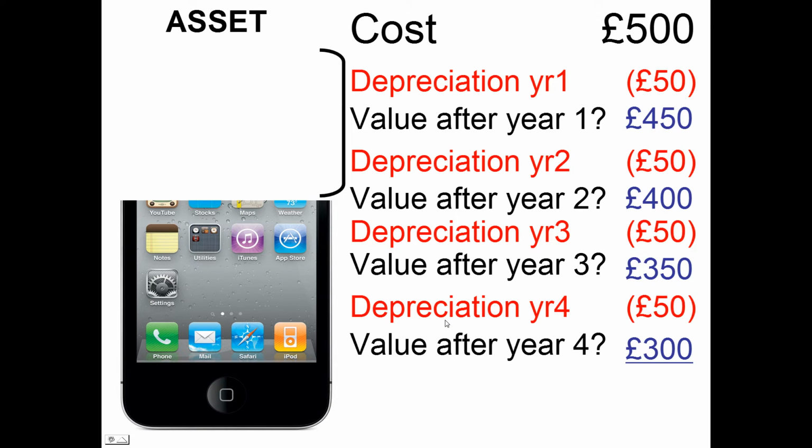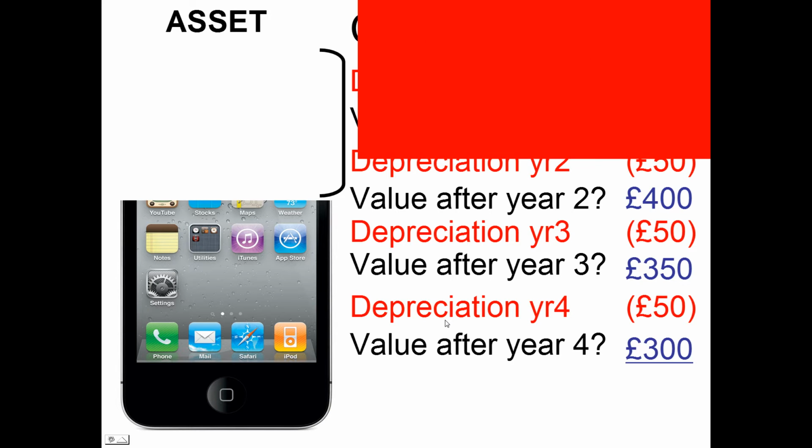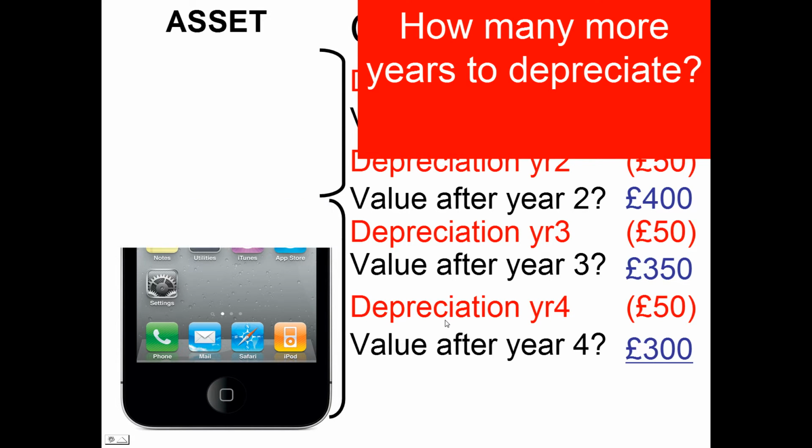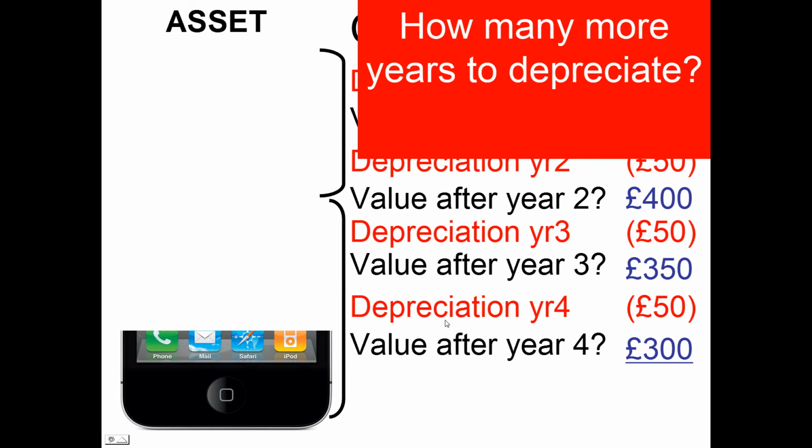What's left? I could continue, so let's suppose and think about how many more years it would take to depreciate. Count them up as we go through. There's 1, there's 2, there's 3, there's 4, there's 5, and lastly there's 6.